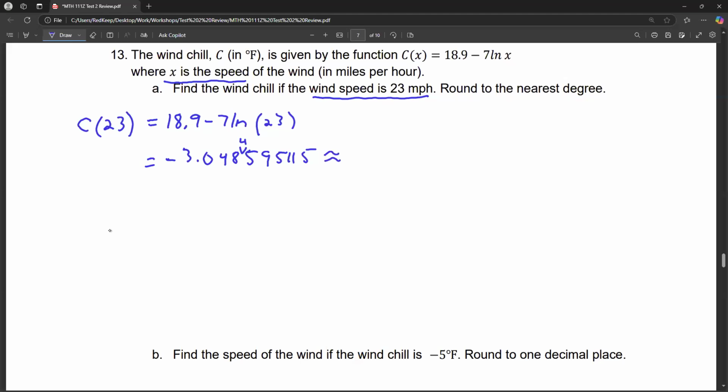Rounded to the nearest degree, this will be negative 3 degrees Fahrenheit. So a good answer is that the wind chill when the wind speed is 23 miles per hour is negative 3 degrees Fahrenheit.